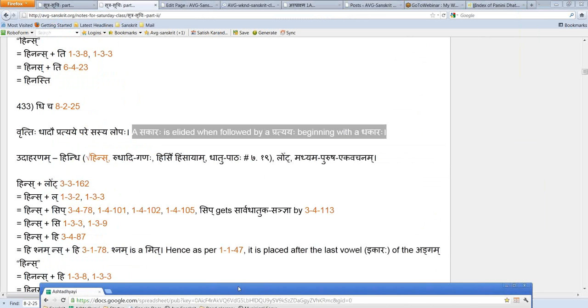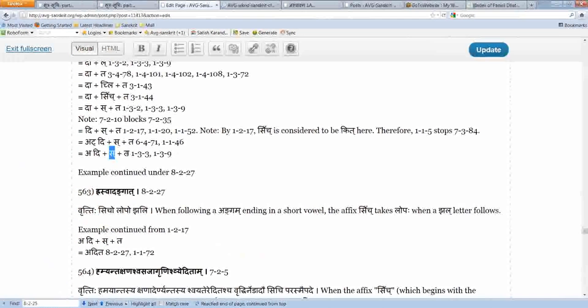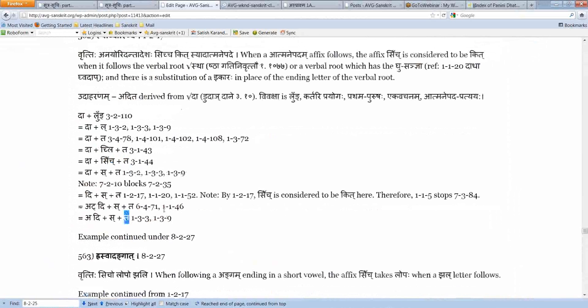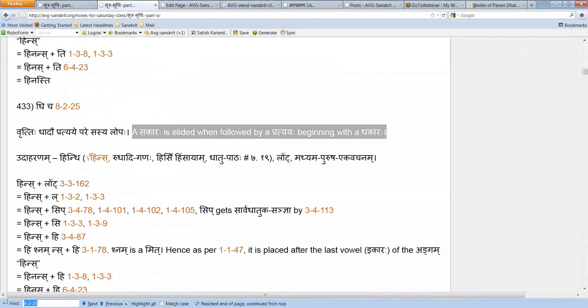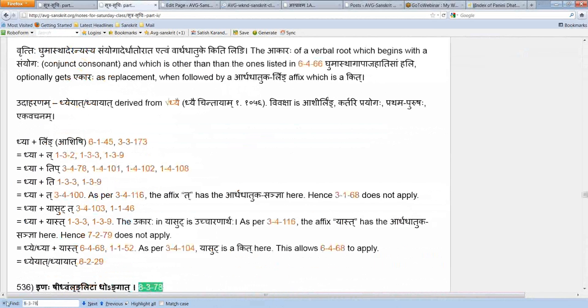So when we take Madhyama Purushaha Bahuvachanam, if you use Dhvam, the Sakara will take Lopaha by Dhicha. And then we have to consider this sutram, which is 8-3-78. This is not given in the book. I just want to mention it on the side in connection with this point.